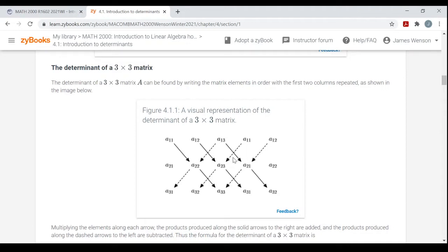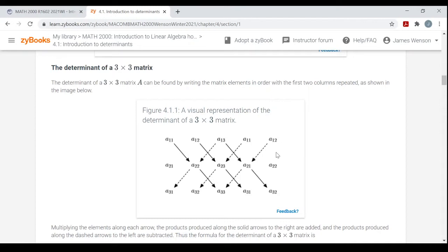But like I mentioned at the beginning of the section, this is not the only way to find the determinant of a 3 by 3 matrix. It's just probably the easiest way.